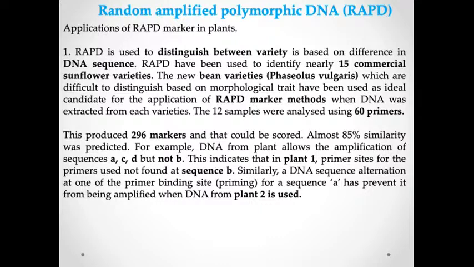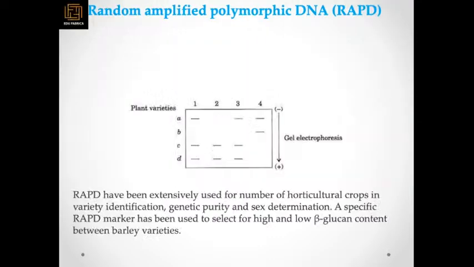For example, DNA from plant A allows the amplification of sequences A, C, D, but it doesn't amplify sequence B. This indicates that in plant A, the primer site for the primer used is not at sequence B. Similarly, a DNA sequence alteration at one primer binding site for sequence A has prevented it from being amplified when DNA from plant 2 is used.